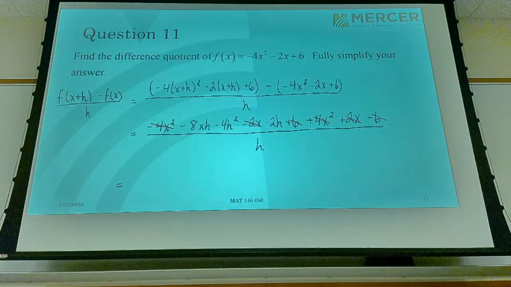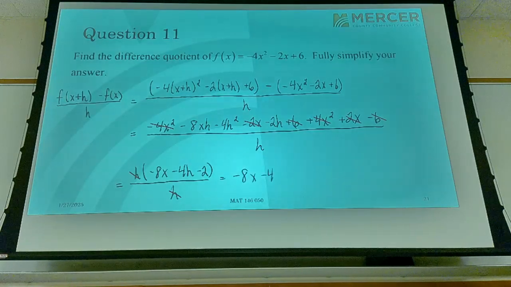And h is common. Actually, there's a negative h common, but I'm not going to factor out the negative h. I'll just factor out positive h. Negative 8x minus 4h minus 2, all over h. H over h is 1, and we are left with negative 8x minus 4h minus 2. There's our difference quotient.